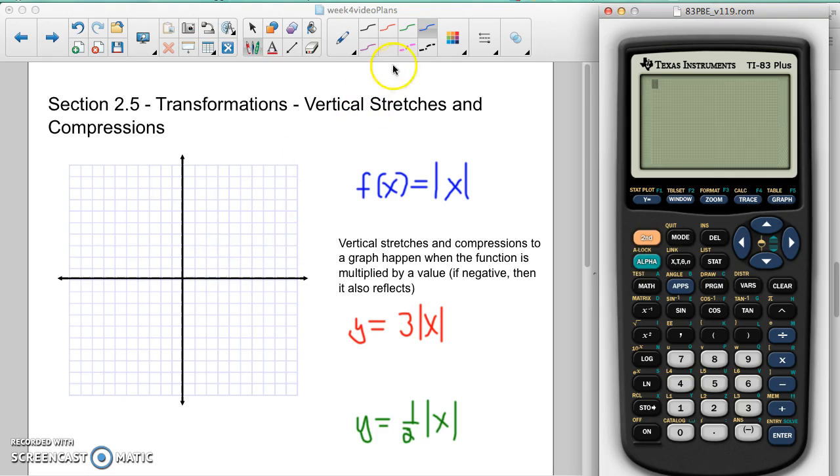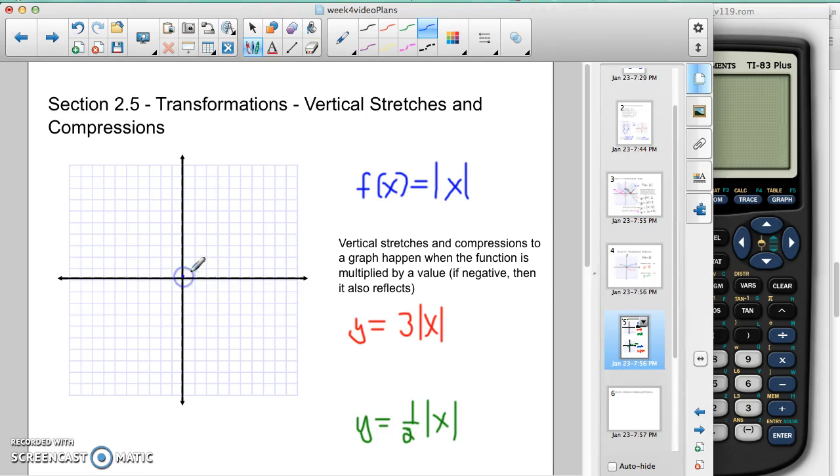So the graph of absolute value of x, again, remember, if you hit 0, you're at 0, you're at 1, 2 is at 2, 3 is at 3, 4 is at 4, 5 is at 5. If you're at -1, you're at +1. -2 is at +2, -3 is at +3, -4 is at +4, and so on.